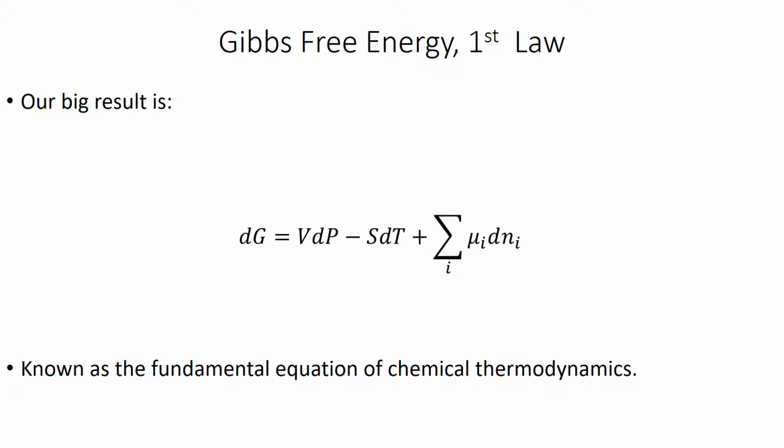Note, this equation looks very similar to the thermodynamic identity, the first law of thermodynamics, but it's been rewritten in terms of pressure and temperature as the variables. This result is also known as the fundamental equation of chemical thermodynamics. And it would be a good thing for you to know this equation off by heart.